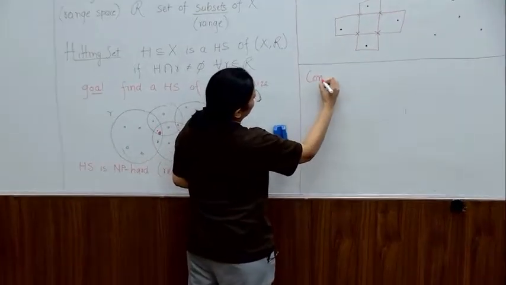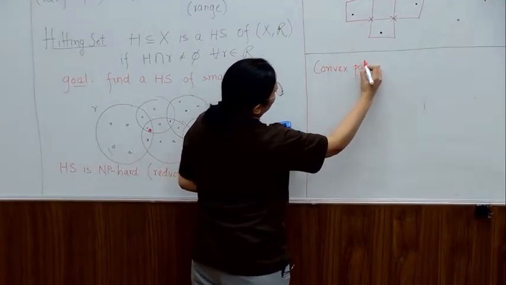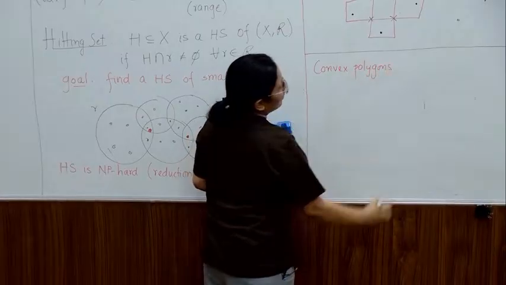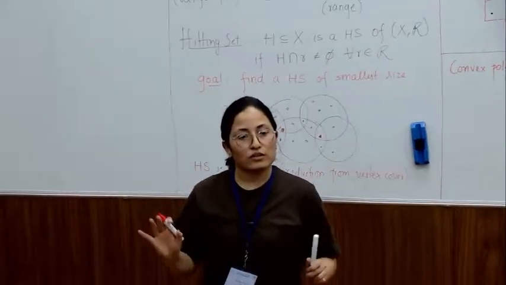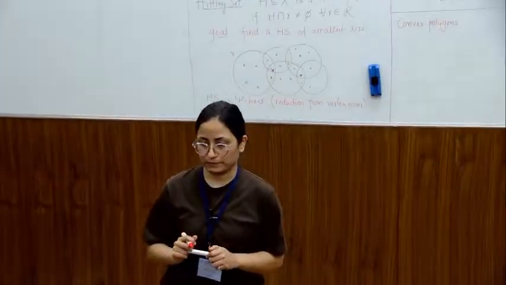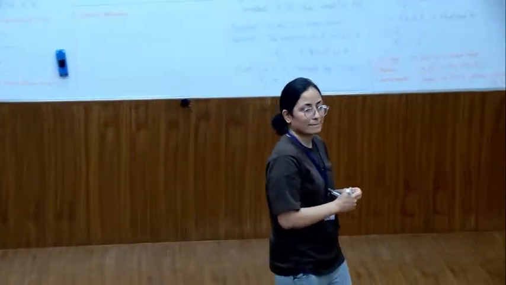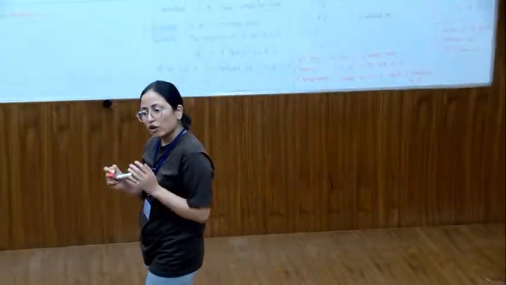Now say our range space is the set of all convex polygons in the plane. Then what happens? All convex polygons.